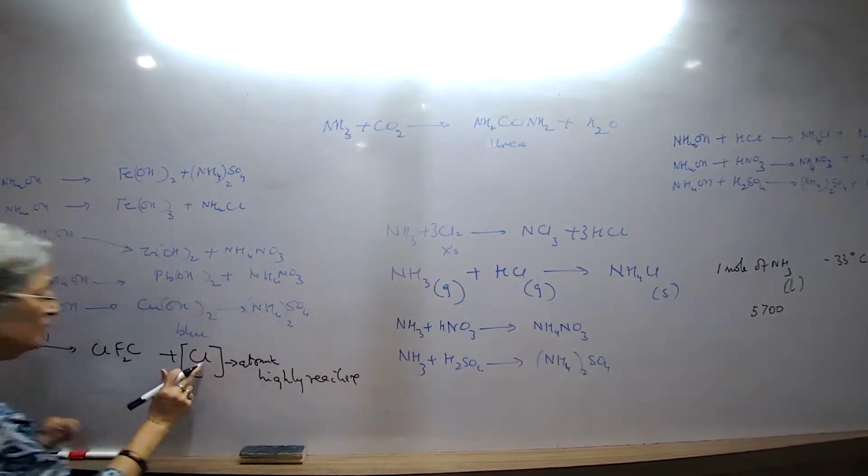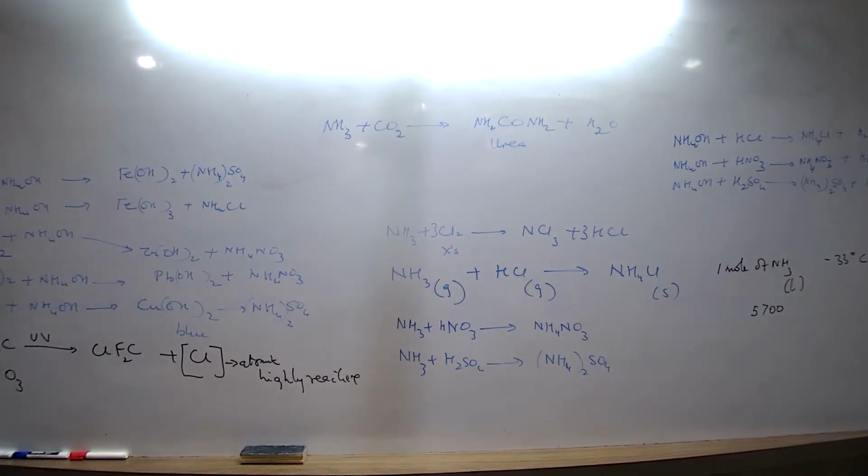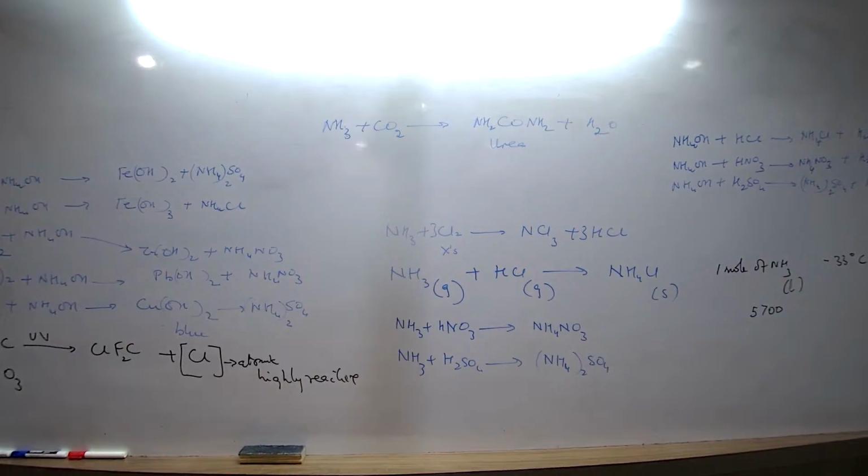Now this atomic chlorine goes and attacks the ozone layer. What is the ozone layer? It is a covering over the atmosphere to prevent the ultraviolet rays of the sun from attacking us. This is attacking that layer, making a hole in it. What are you getting?